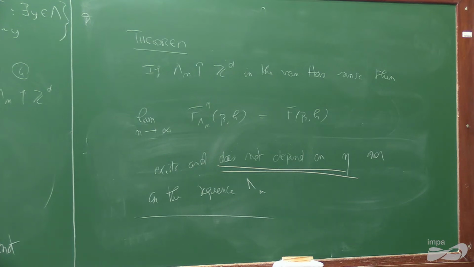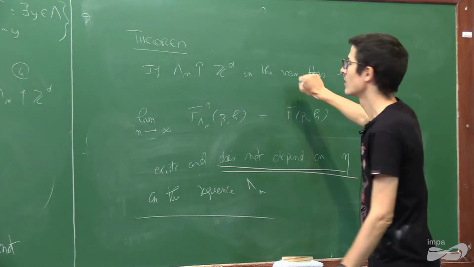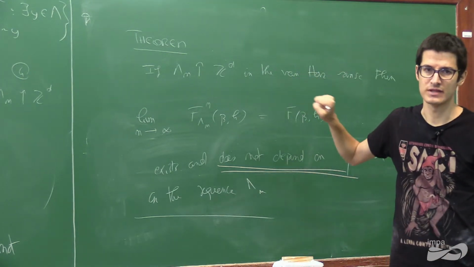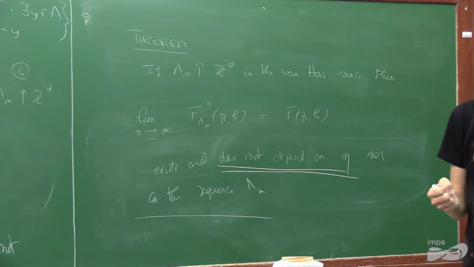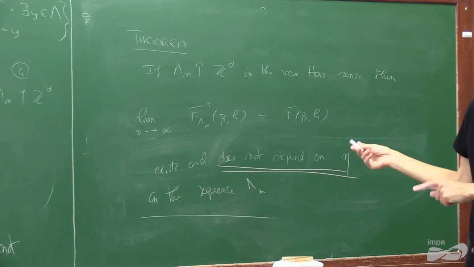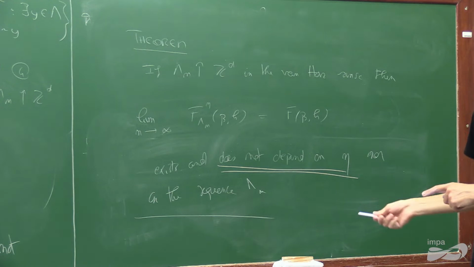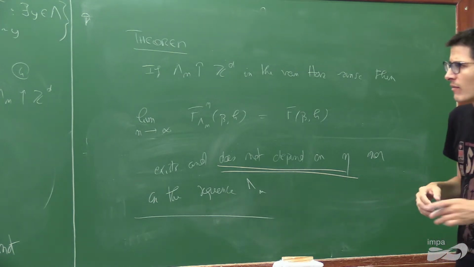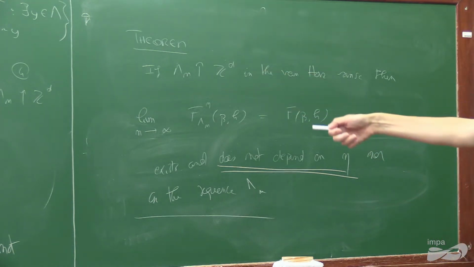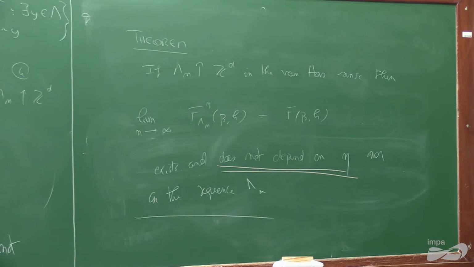The reason why I want to do that first is that this illustrates where this assumption is used and why you have no chance for this theorem to be true if you don't have this.